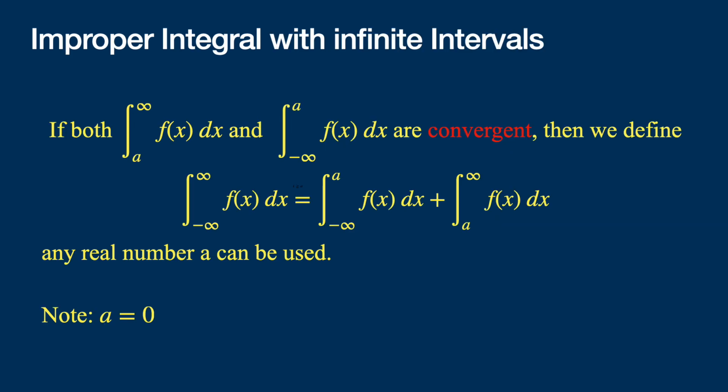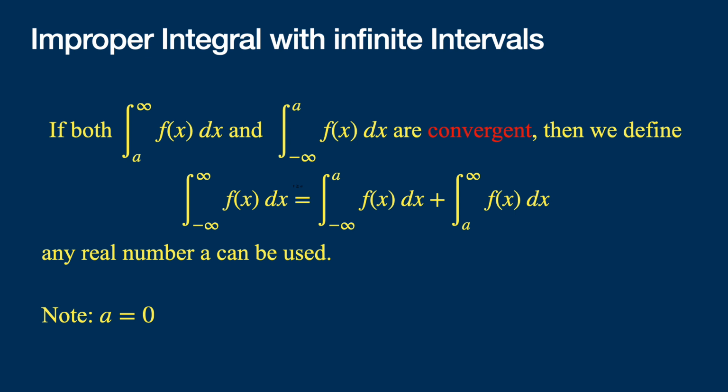What if we have to integrate over negative infinity to positive infinity? You're going to break it down into two improper integrals. Pick a value, usually 0, and put it there. So you're going to separate it into two improper integrals: negative infinity to a of f(x) dx plus a to infinity of f(x) dx. Then evaluate each improper integral.